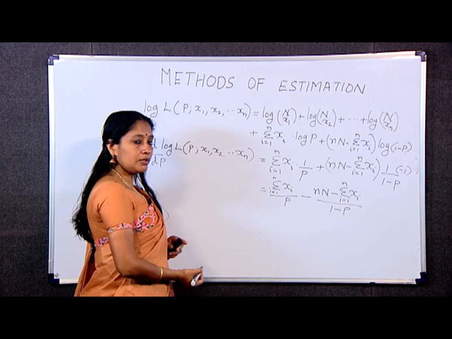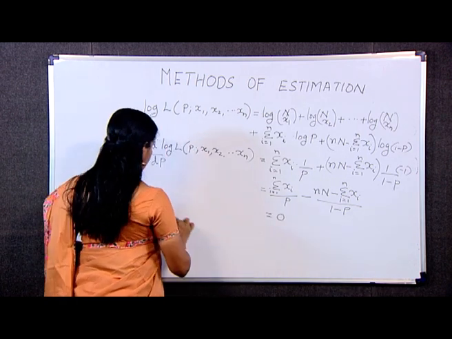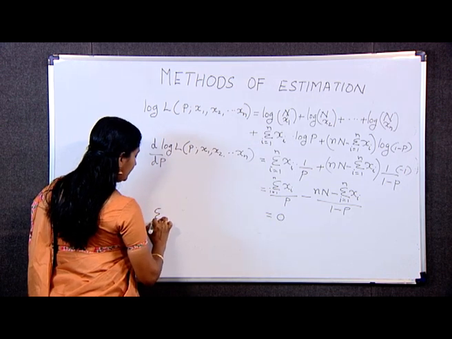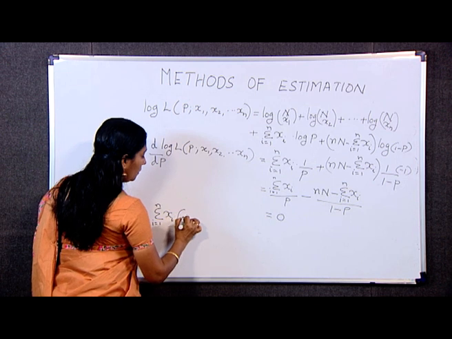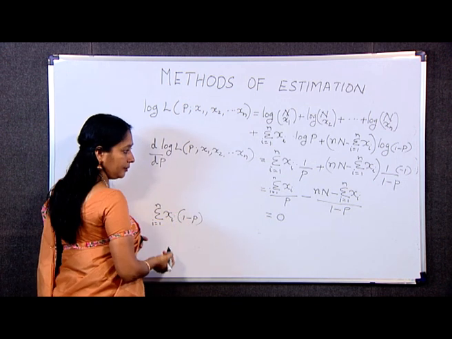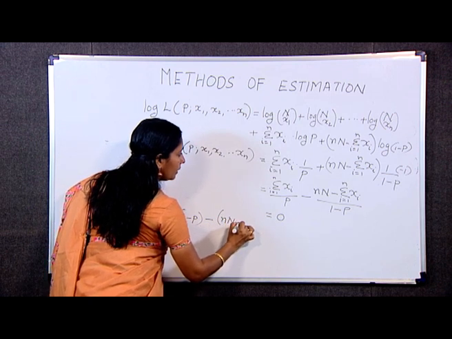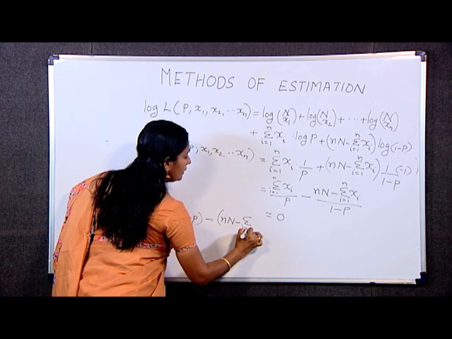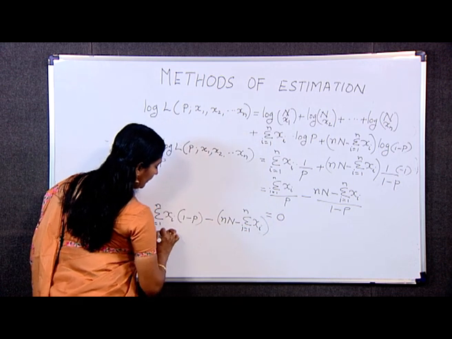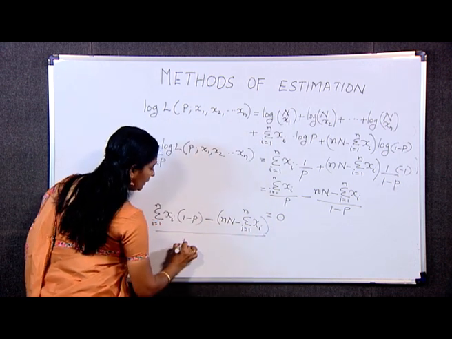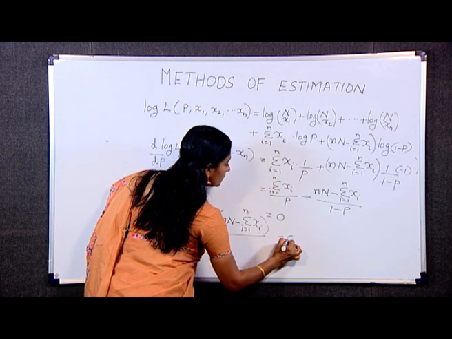Putting this equal to 0 and solving, taking the LCM, we get summation xi into 1 minus p minus n into capital N minus summation xi, divided by p into 1 minus p, is equal to 0.